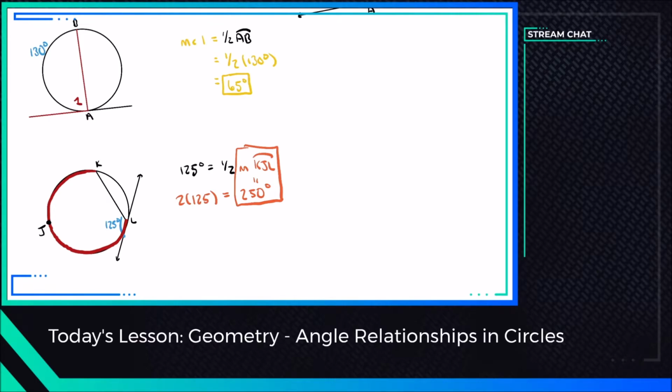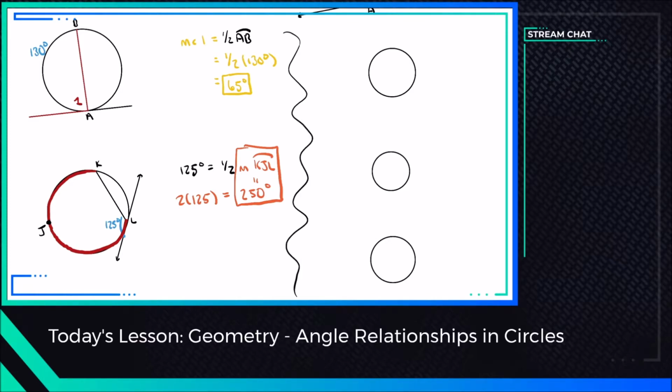Real quick, I want to let you know something. If I draw some circles here, and some lines that intersect these circles, there are only so many places these lines can intersect.